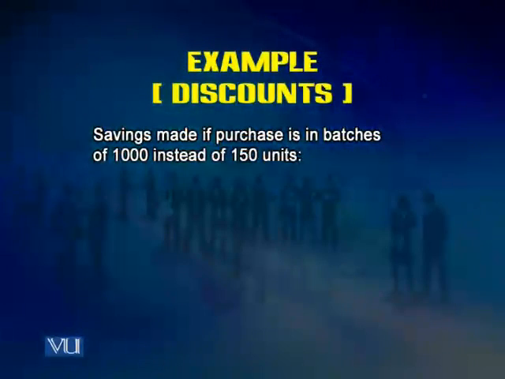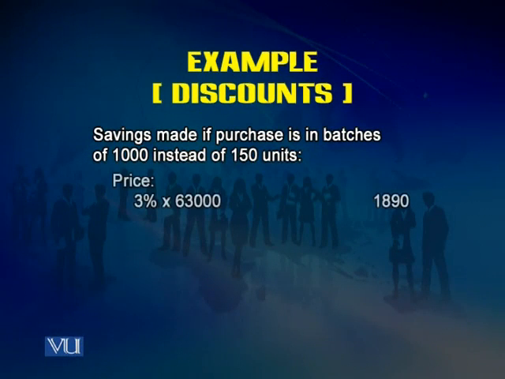Savings made if purchase is in batches of 1,000 instead of 150 units. Price 3% multiplied by 63,000, which is the cost in the full year, gives 1,890 as a price saving.